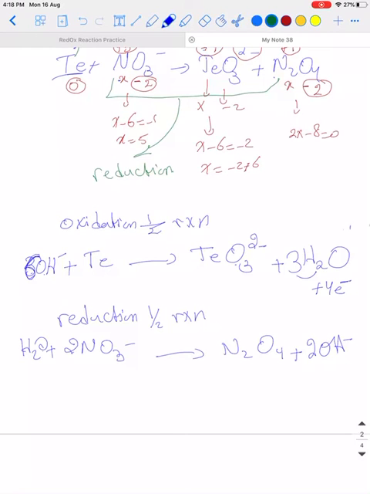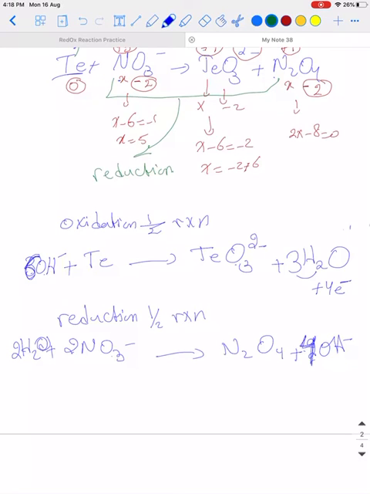Let me check for oxygen. 1 plus 6, 7. 4 plus 2, 6. No, it doesn't count like this. Let me check if I add here 4. If I put here 4, this will be 2, 4 hydrogen. Okay, 4 hydrogen. 2 oxygen and 6, 8. 4 and 4, 8. Okay, 2 nitrogen. Like this is fine.